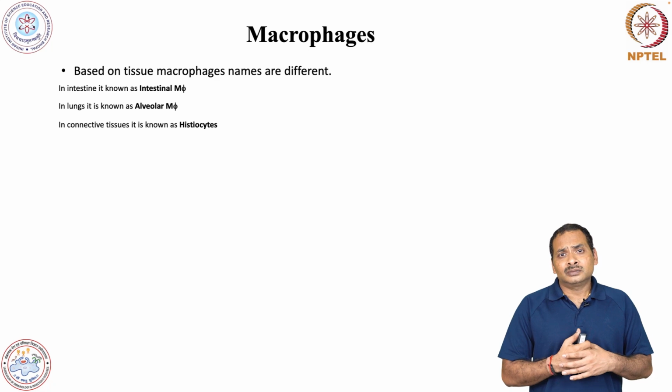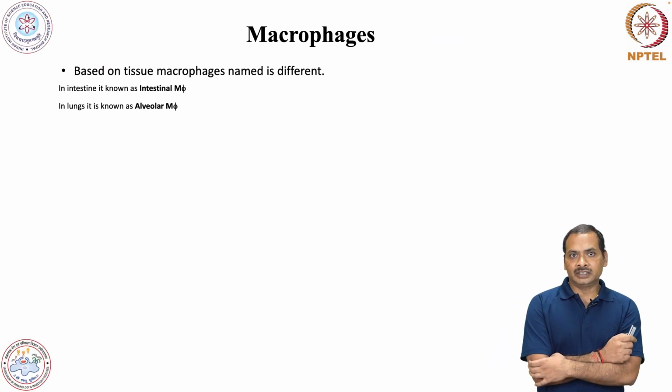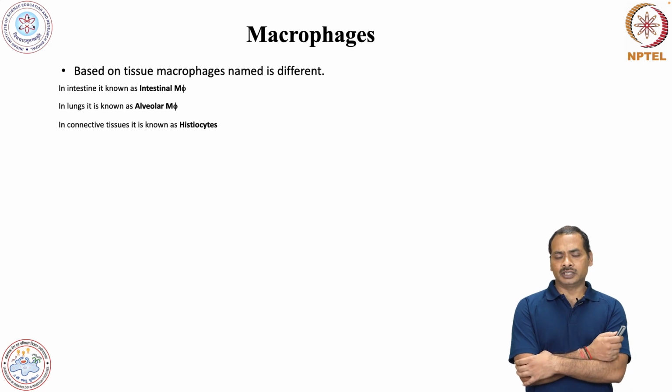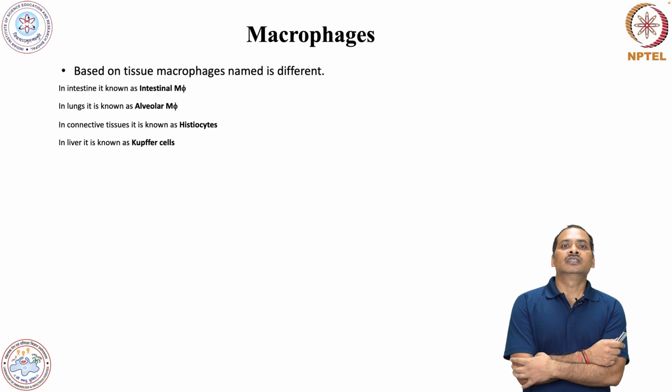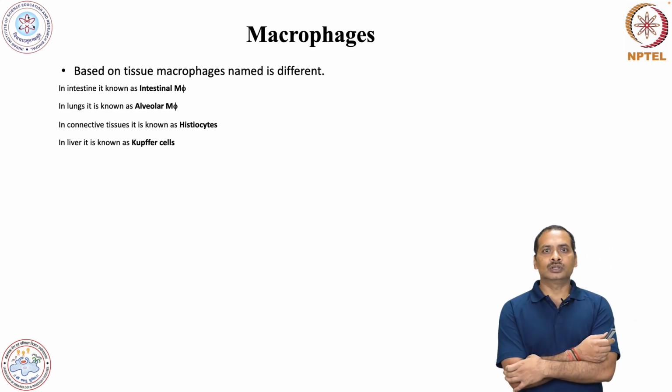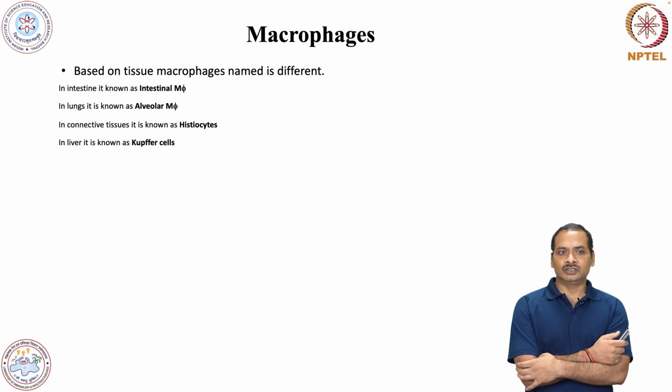They are also present in connective tissue, where we call them histiocytes, and in the liver these macrophages are called Kupffer cells, and they play a very important role in processing of antigen.